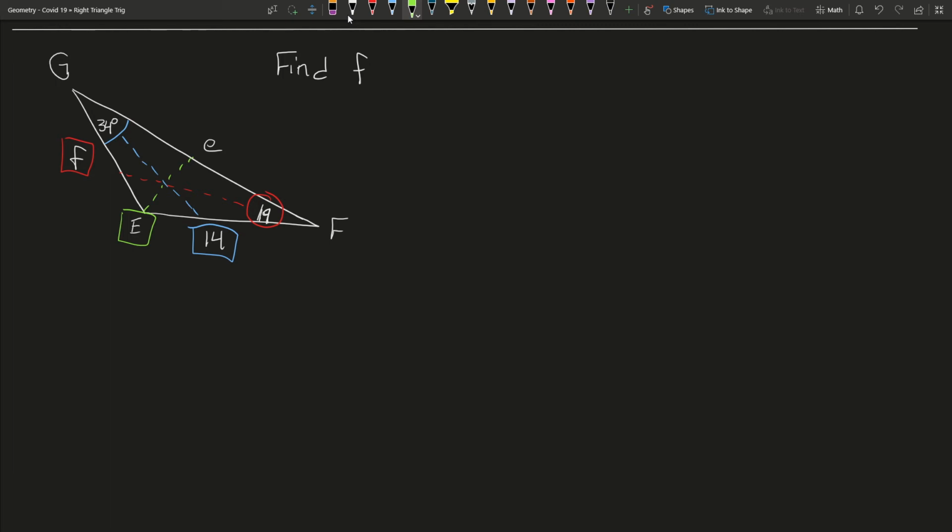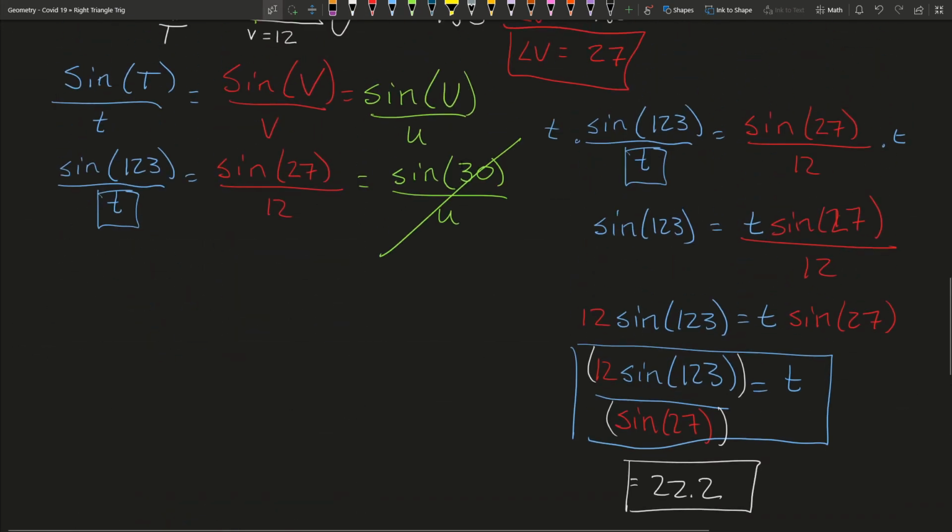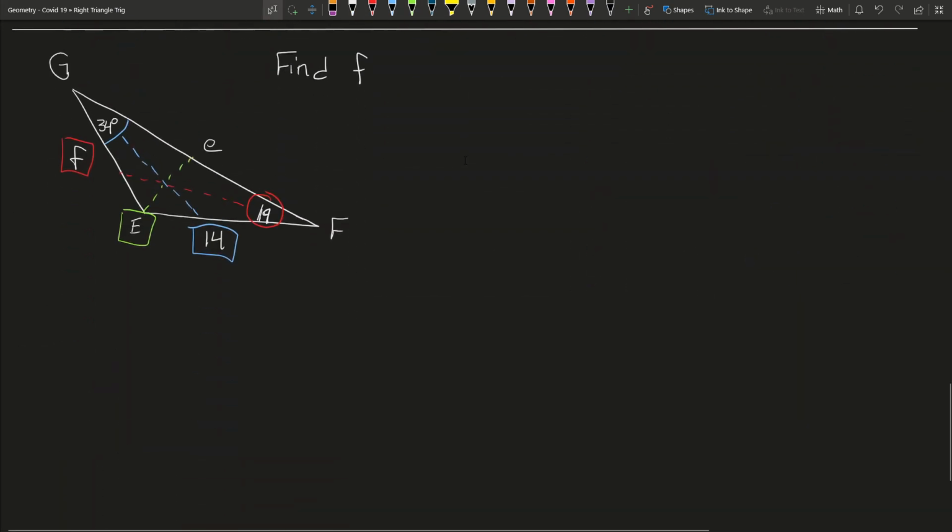Could you use a protractor to find the answer of F? So we're trying to find the side length of F. And even if you could do that, that's not necessarily exact.